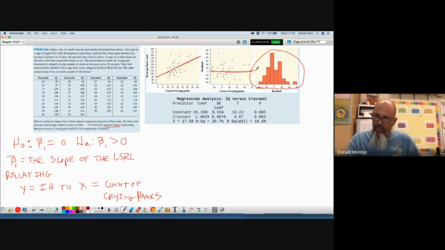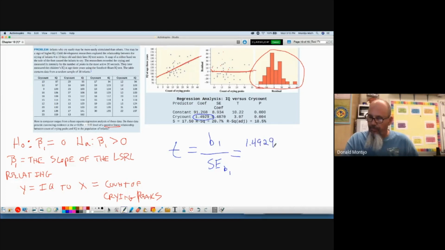So our t-test statistic, as we saw on the previous page, t equals b sub 1 divided by the standard error of b sub 1. Well, we can get all of that from the computer printout. The slope is 1.4929 divided by the standard error of the slope, which is 0.487.